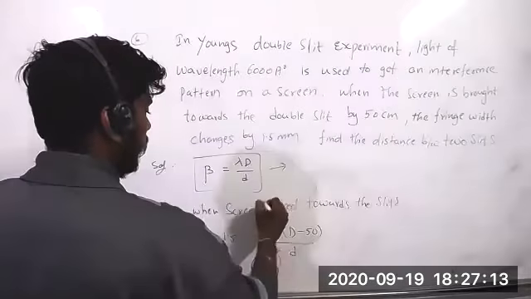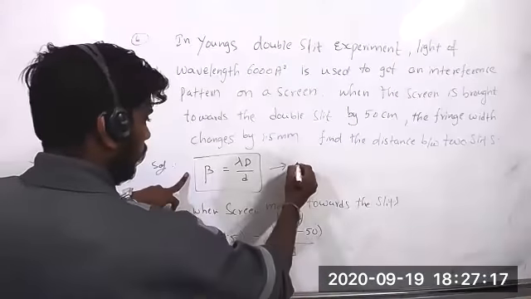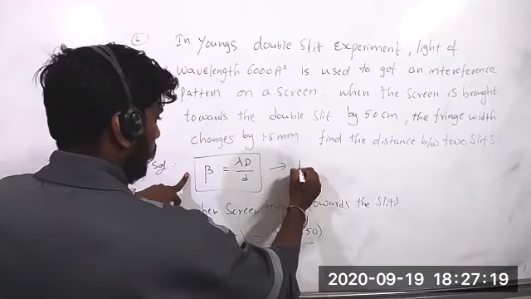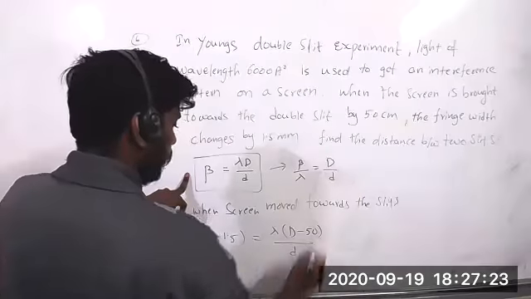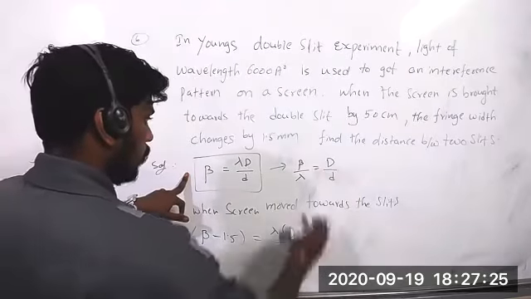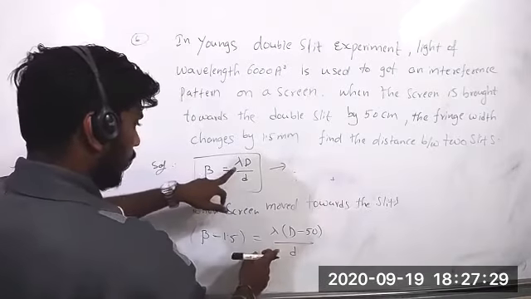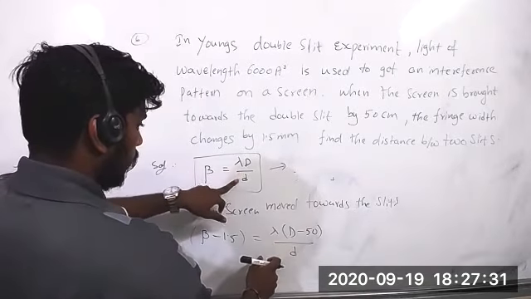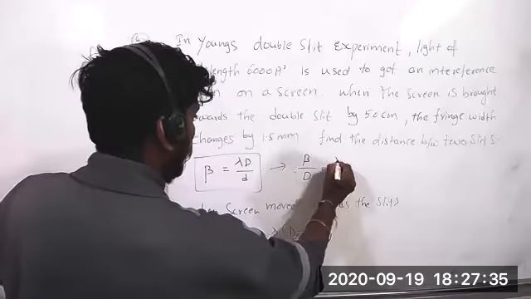From equation 1 we can say beta by lambda equal to capital D by small d. Here we need lambda by d. So what we have to do? Beta by capital D equal to lambda by small d.